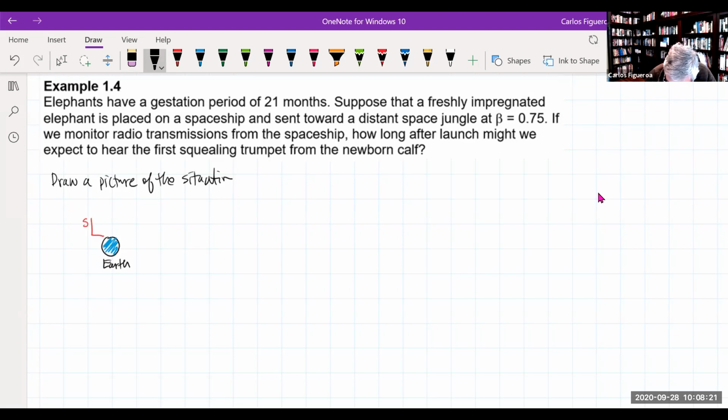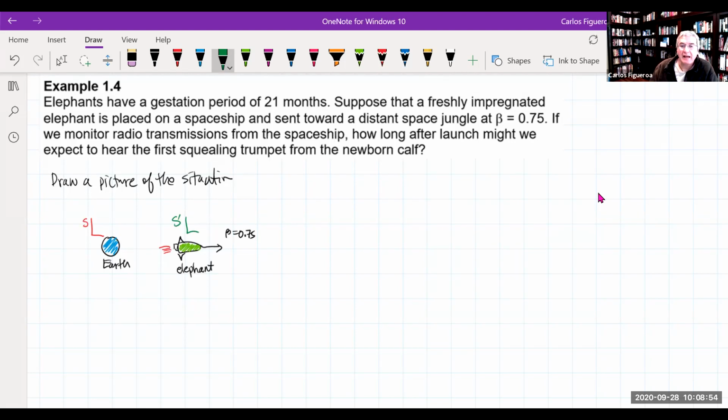And then, of course, now we have our little rocket. And this rocket is moving relative to the Earth. So we know that they're moving at 75% the speed of light here. And of course, in this frame is where the elephant is at. So as this guy is moving, we know that this must be the prime frame right there.